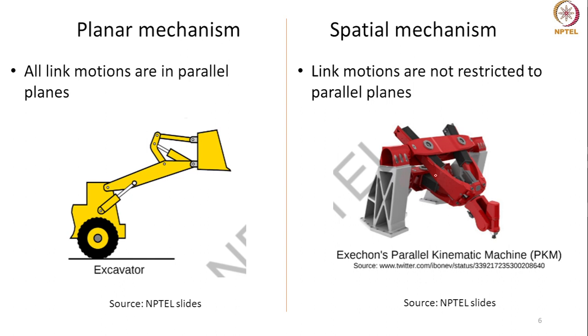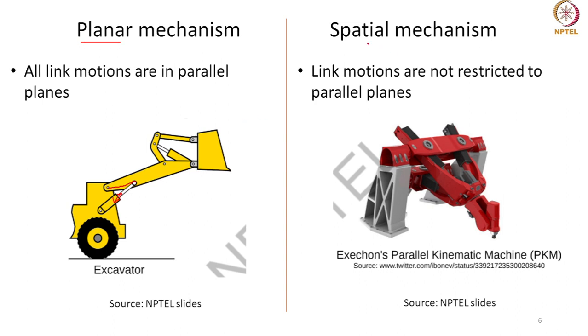An example could be an excavator, where all links are in parallel planes. This is a prismatic link which has a sliding degree of freedom, and here you can also see that all connected links are in parallel planes. Such a mechanism is called a planar mechanism.